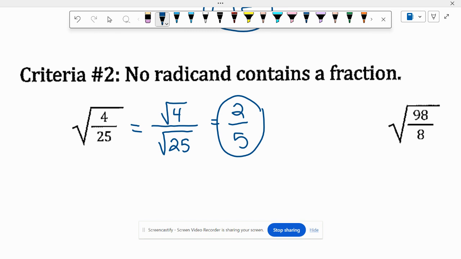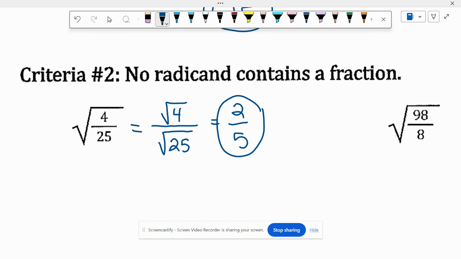Is our final answer in a radical symbol? Does our final answer have a radical over it, a radicand? No, it doesn't. So it's just a number. Okay. So the rule is you cannot leave a fraction inside of a radical. If you have a fraction in a radical, it's not simplified. Our answer is not in a radical.